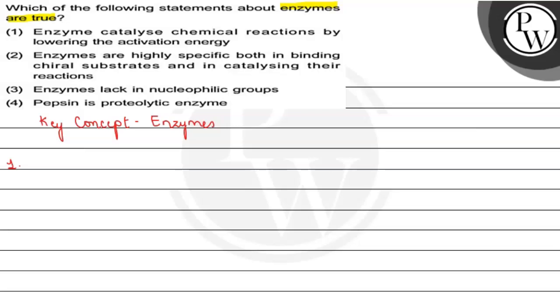Statement number 1 says enzyme catalyze chemical reactions by lowering the activation energy. इसे हम एक ग्राफ की हेल्प से समझने की कोशिश करेंगे. Let's say this is a graph of energy against reaction progress.